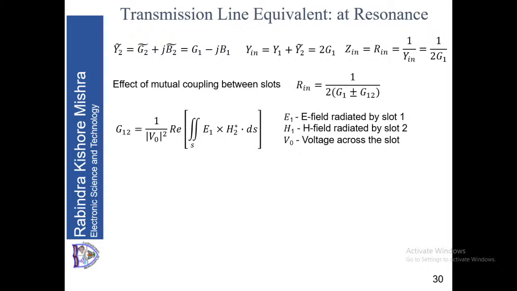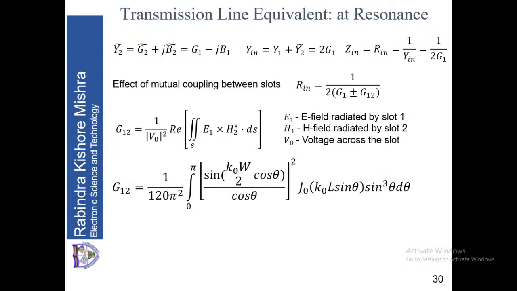Now you can ask me, this is for G12, what is G1, what is B1, how are you finding this? Same procedure. Instead of H2, just put H1 and use those expressions. That will give you the value for G1. You can find this expression in the Balanis book. I am not going to expand on this.